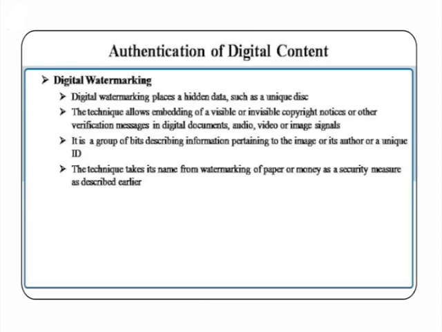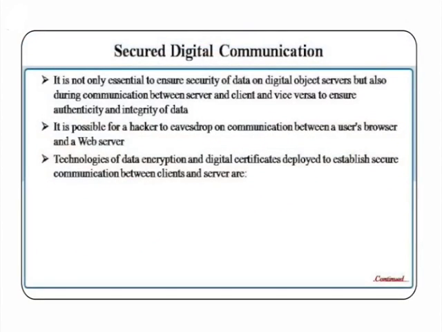The technique takes its name from watermarking of paper or money as a security measure, as described earlier. It is not only essential to ensure security of data on digital object servers, but also during the communication between server and client, and vice versa, to ensure authenticity and integrity of the data.